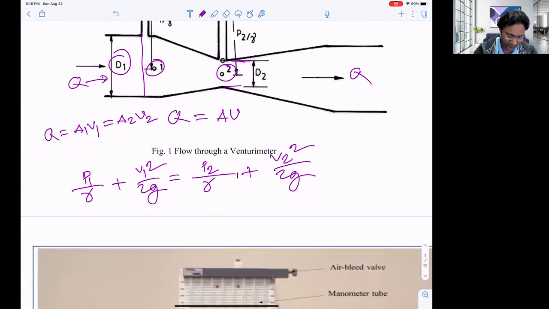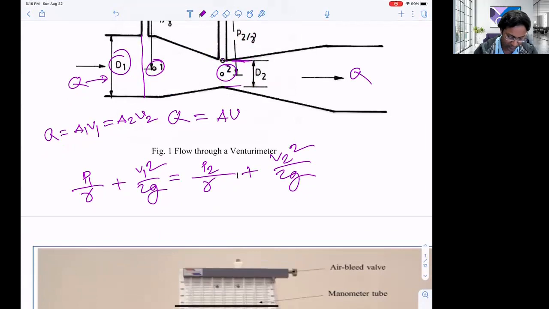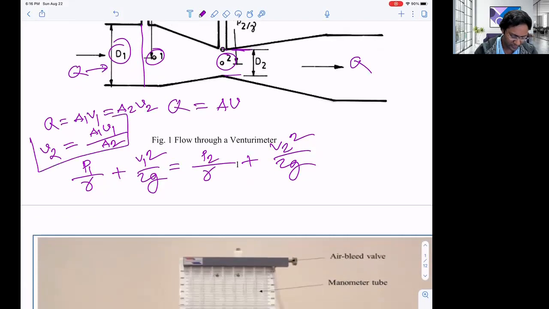And from this relationship we can write V2 is equal to A1 V1 over A2. We can write this expression.